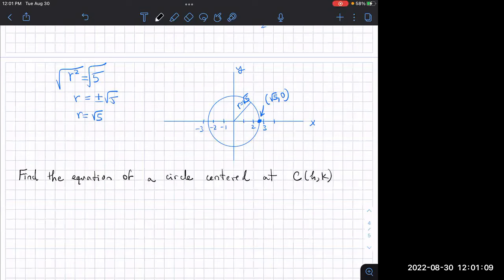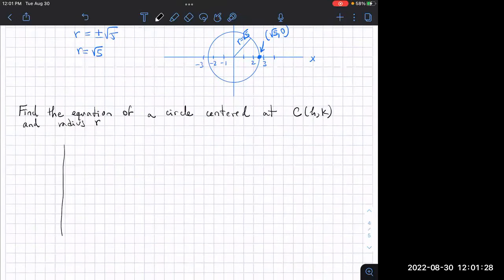Those are the standard letters. You can call it anything, but it's standard to call it h, k. And radius r. Again, we need two things to define a circle: the center and the radius.